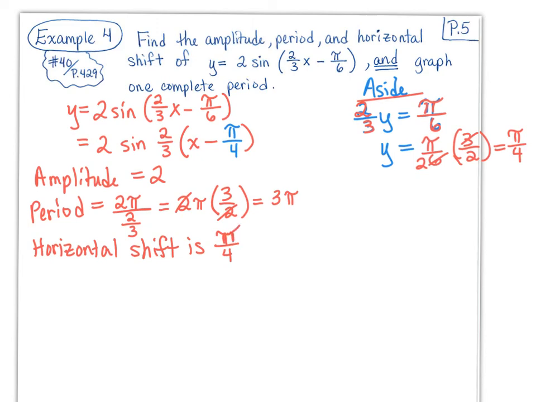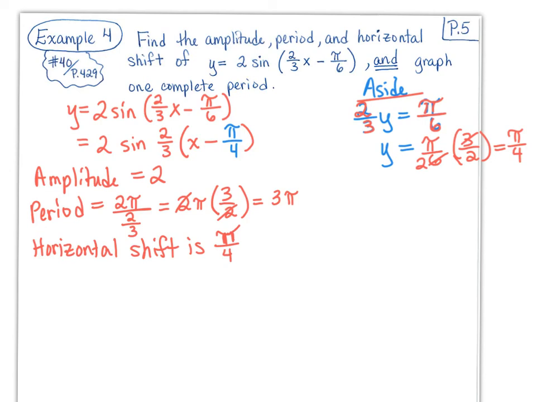Okay, so now, that means graphically we're going to take sine and do what with it? A vertical stretch by 2. And horizontally what happens? Not the amplitude.